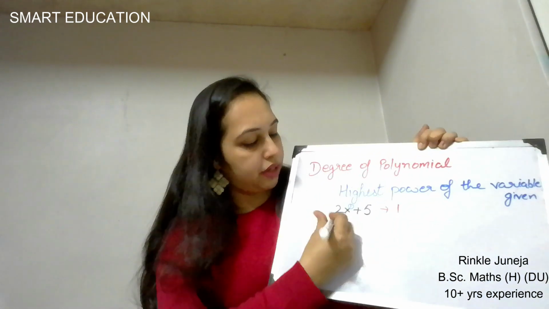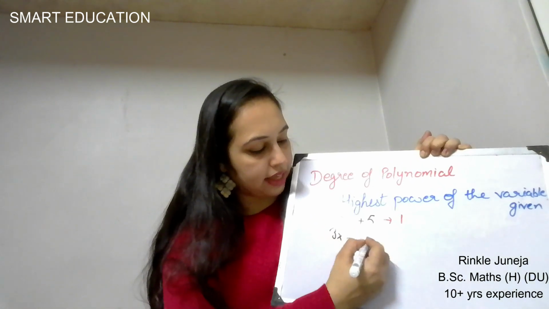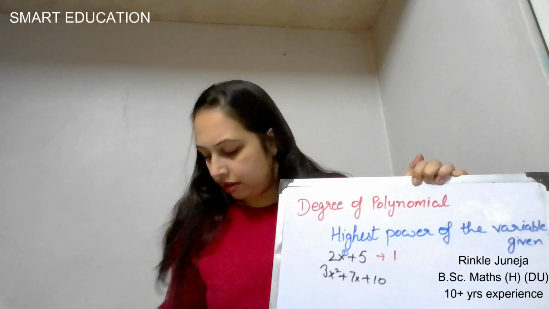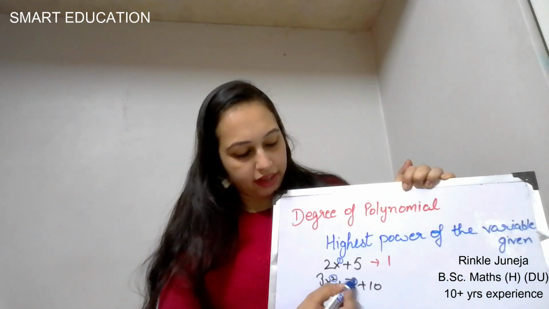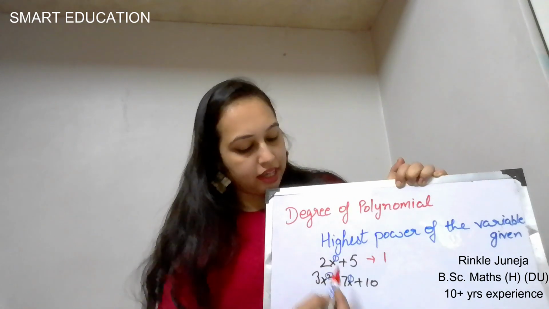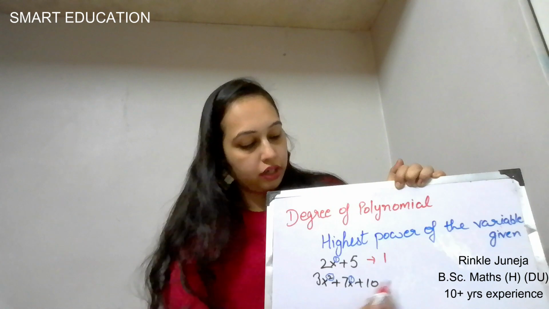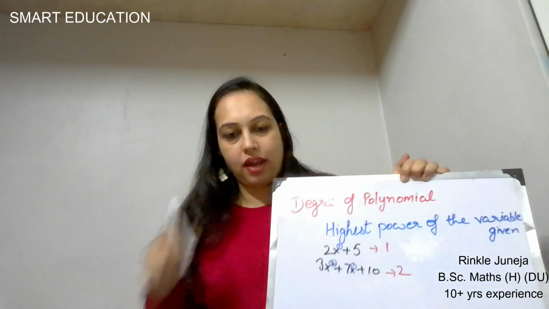Let's take another example. 3x square plus 7x plus 10. Here we have x to the power of 2 and x to the power of 1, right? So as per the definition, it is the highest power. So highest power is 2. So degree of this polynomial is 2. Let's take one more example.